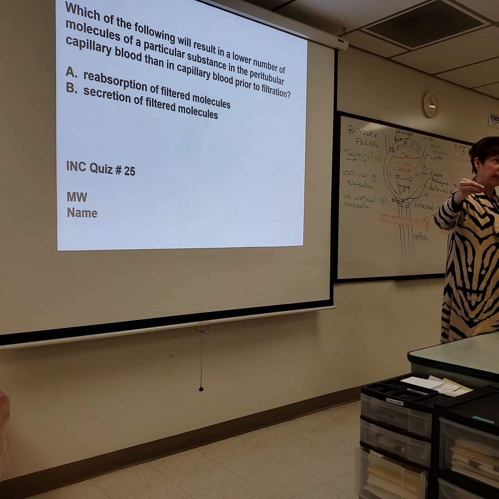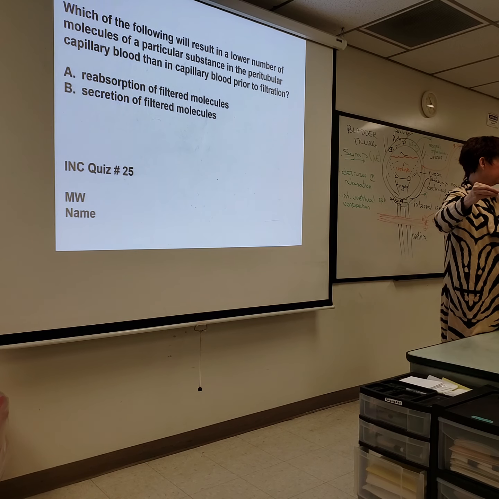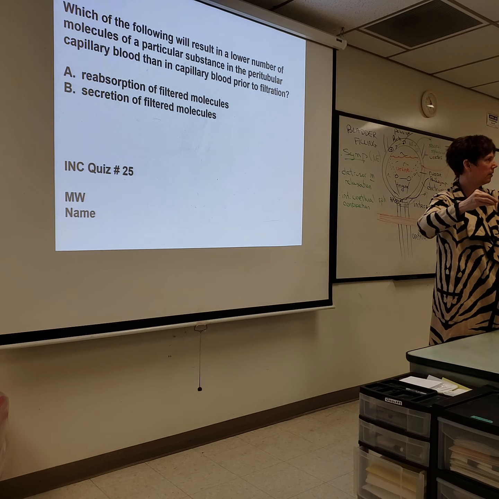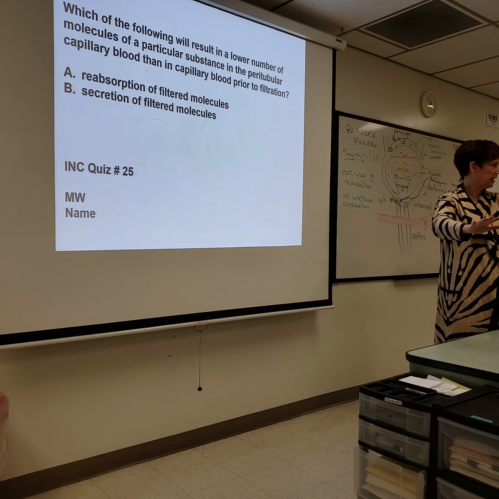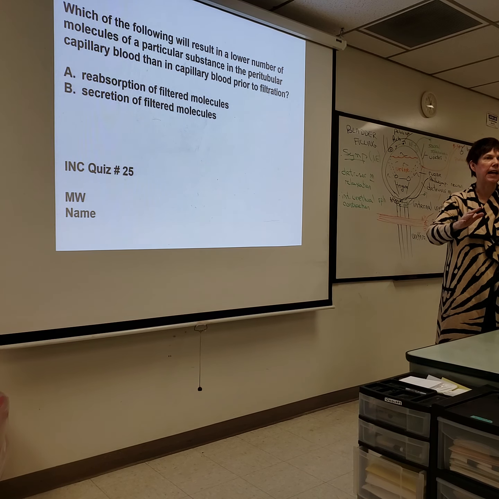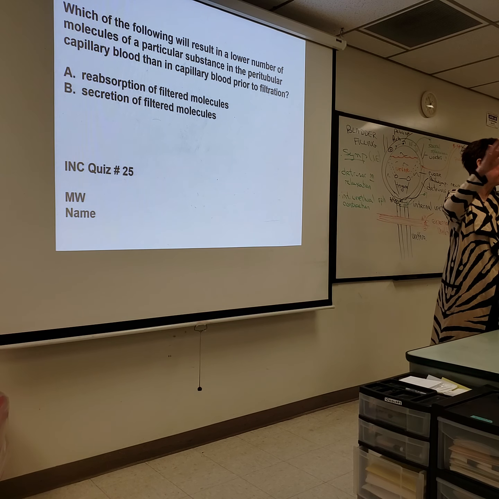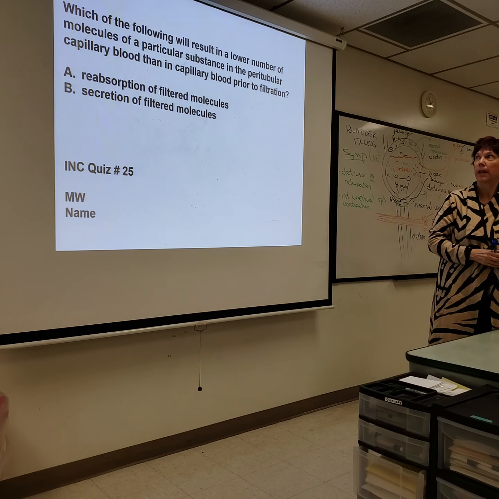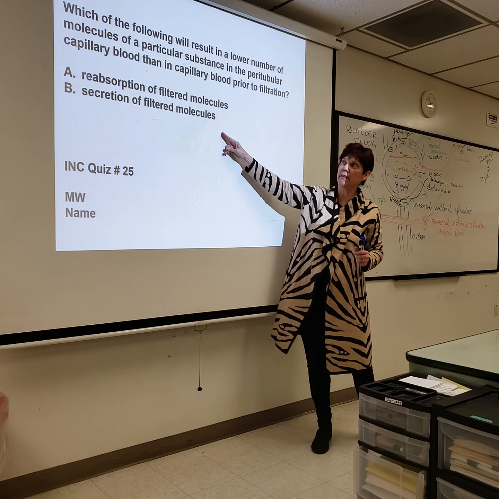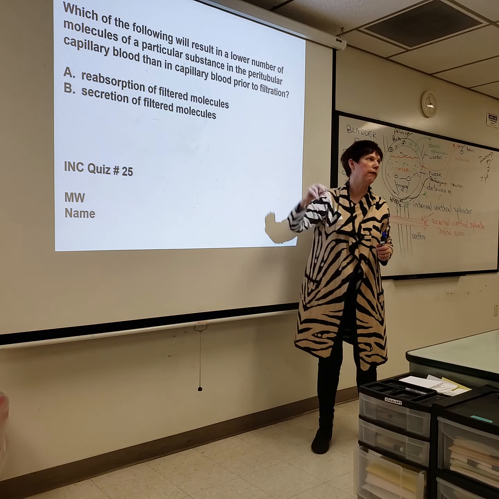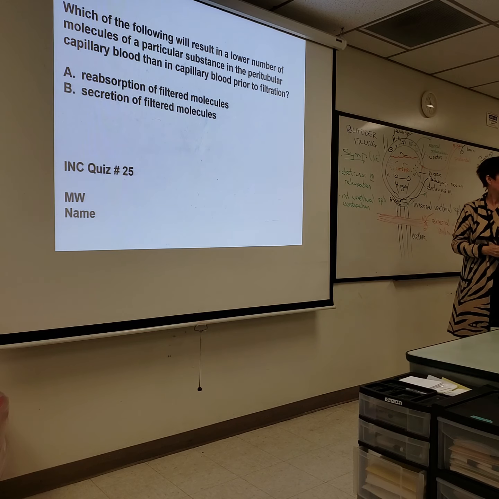We didn't filter all of it, all right? So particle A is still going to be found in the efferent arteriole and then flowing into the peritubular capillary. So we have filtered particle A in the proximal convoluted tubule of the filtrate, and we have particle A in the peritubular blood surrounding the proximal convoluted tubule. So, would reabsorption of particle A or secretion of particle A end up in fewer of those particles than we started out before filtration?